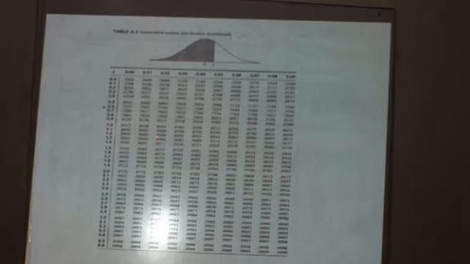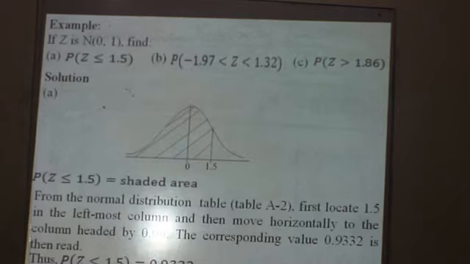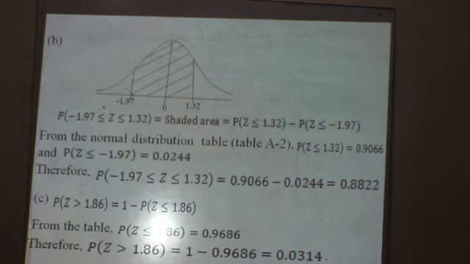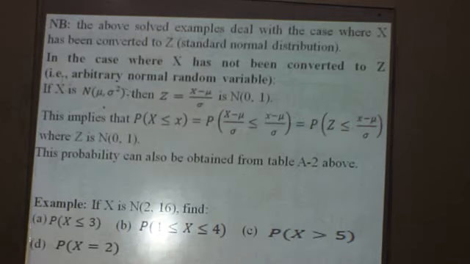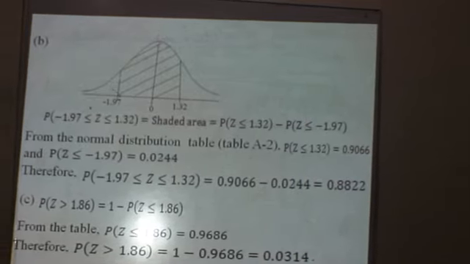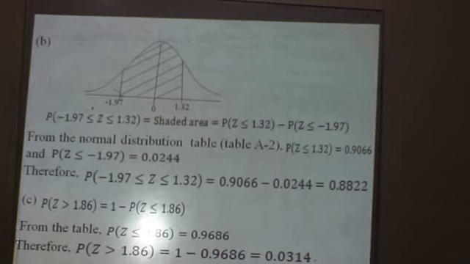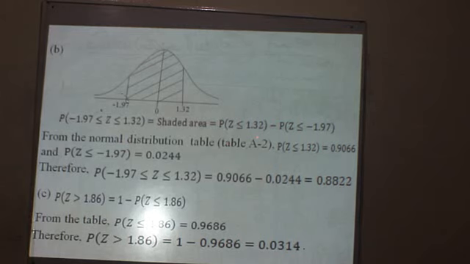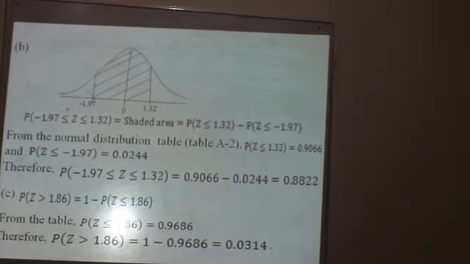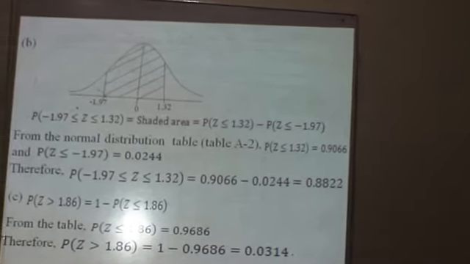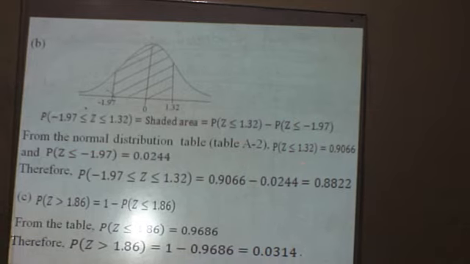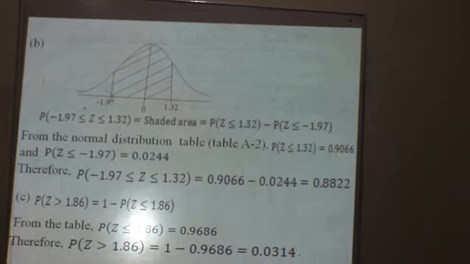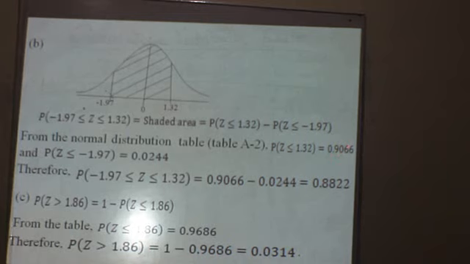We get the probability of Z less than or equal to 1.32 to be equal to 0.9066.